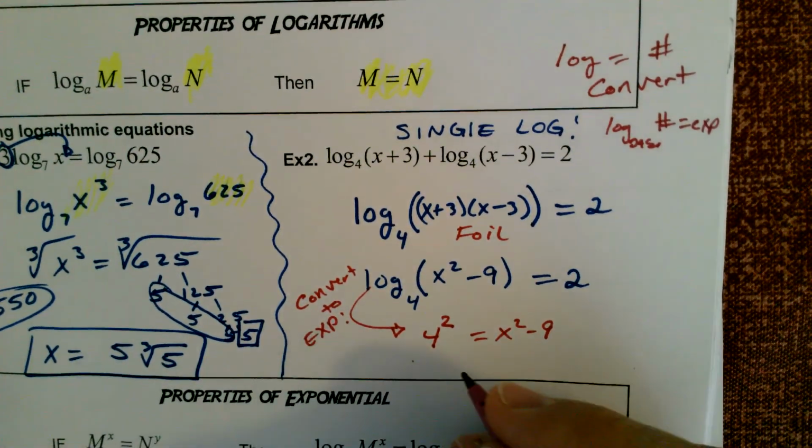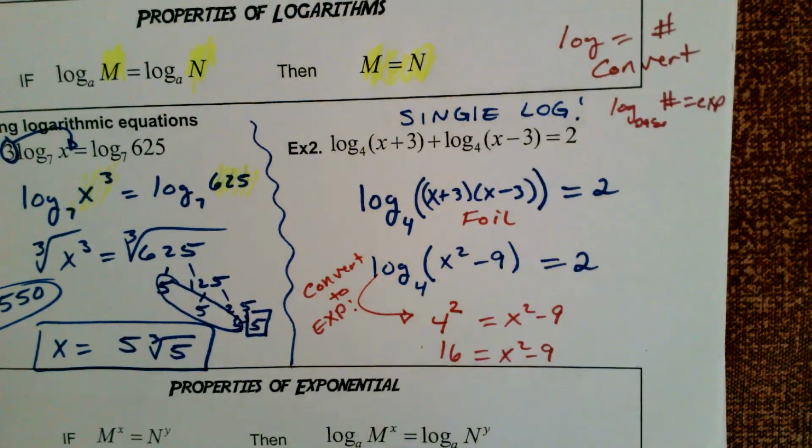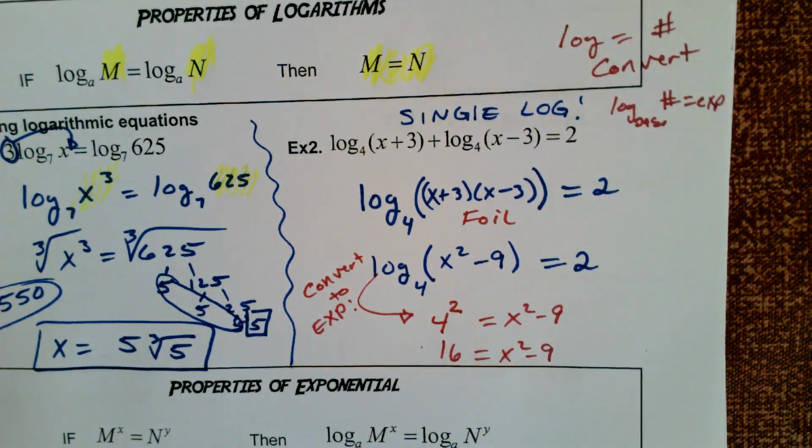Well, simplify. 4 squared we know is 16. And then how do you guys want to solve this quadratic? How do we solve for x? Add the 9 over.